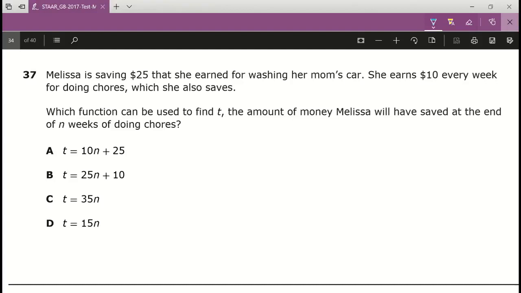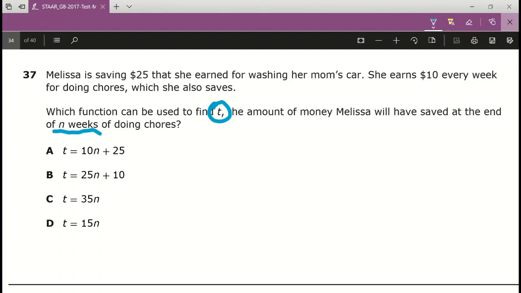It asks us to find T, the amount of money she will have saved after the end of N weeks of doing chores. A lot of times you see these problems with Y and X, but in this case we just have T and N. So it's not really that much different, just different letters. This process is still the same.